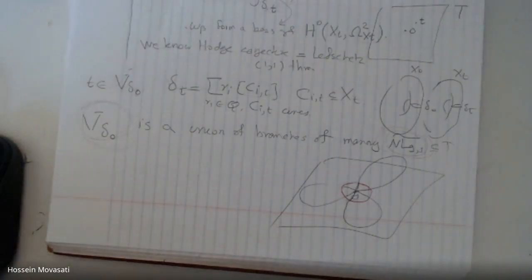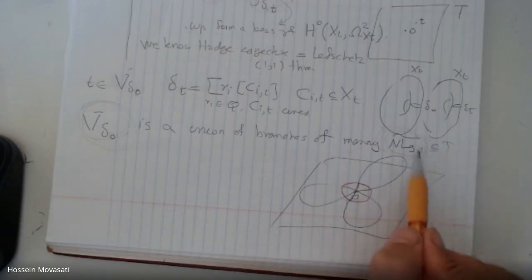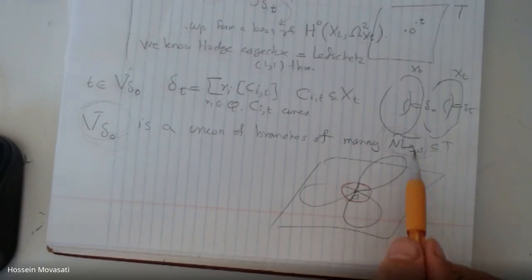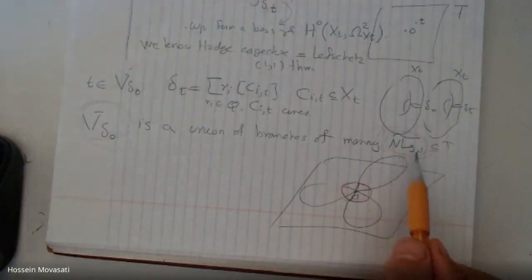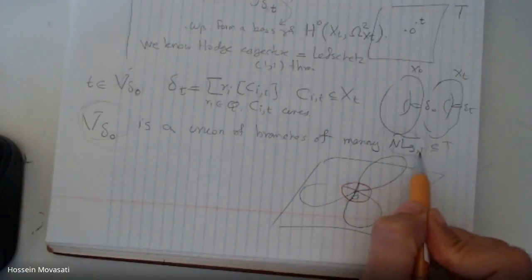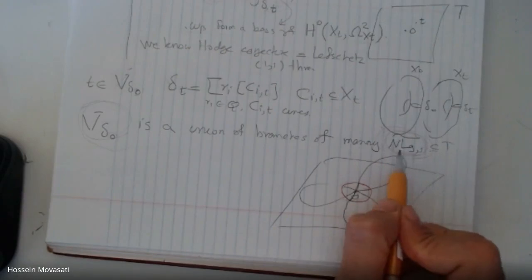So you see that whenever I choose different delta 0, there might be different components of the Noether-Lefschetz locus. And something also very strange, which two years ago when I was at Harvard I talked about with Harris: these components of the Noether-Lefschetz locus have scheme structures coming from the Hilbert schemes.